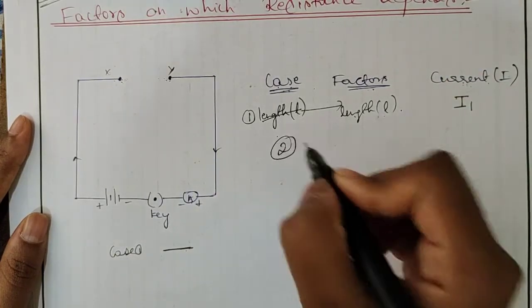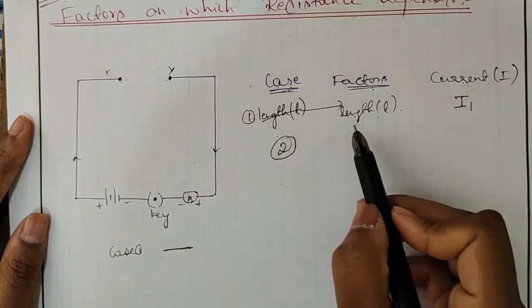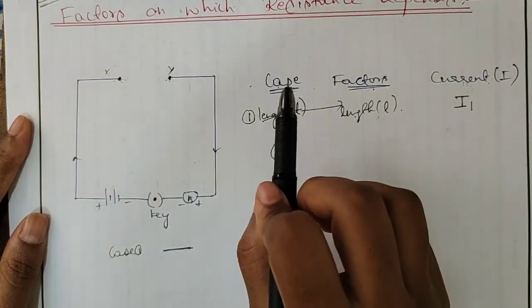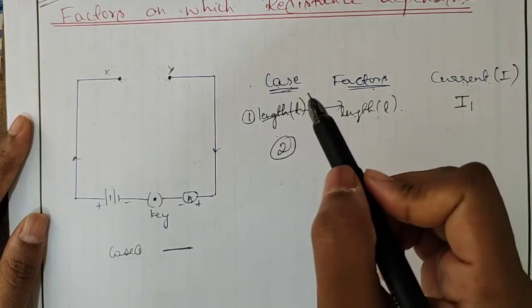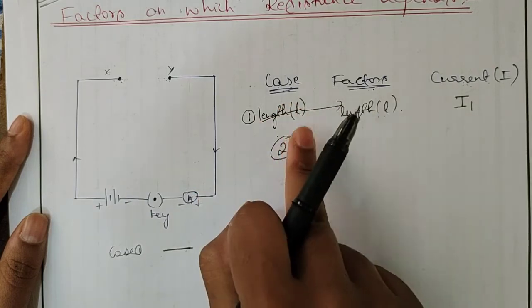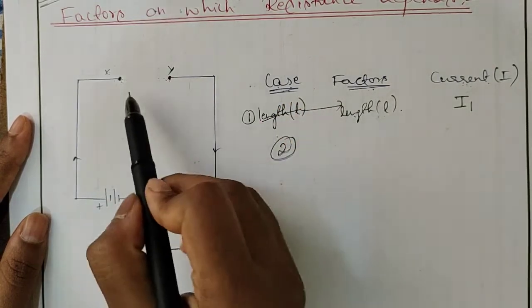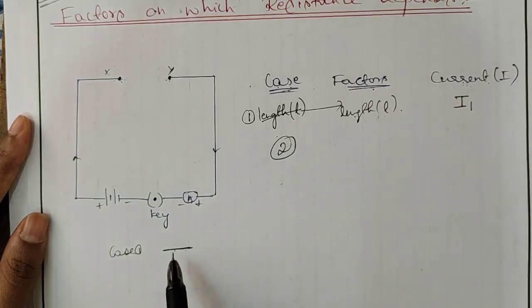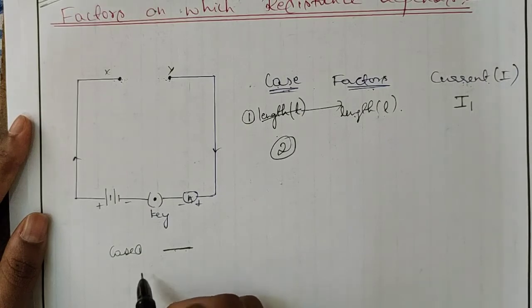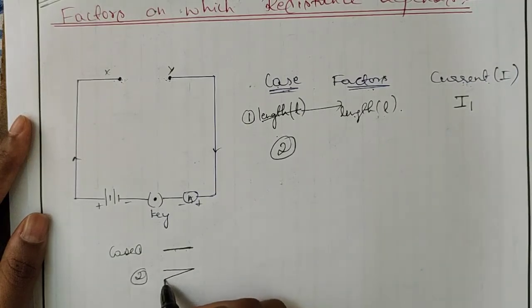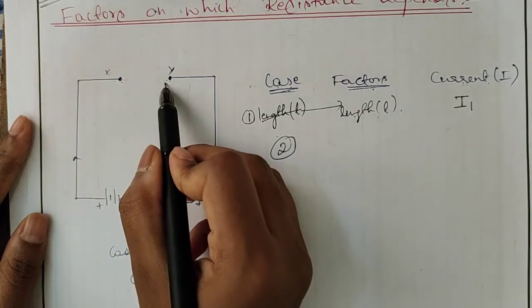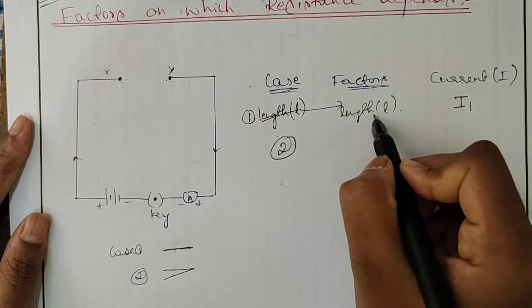Now in my second case, I am taking the same nichrome wire, just increasing the length of the wire. Once again I will repeat, same alloy, that means same material, and the thickness is also the same. What am I doing? In the second case, I am increasing the length of the wire, that means double that of the first case. Clear? Now what do I need to write in the factors?